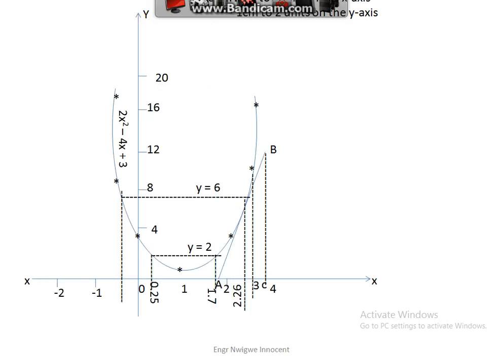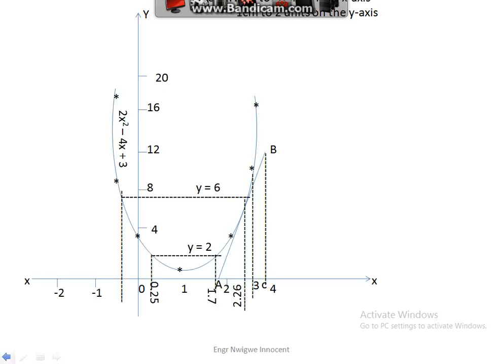We are asked to find the value of x for which 2x squared minus 4x minus 3 is equal to 0. Then on the graph, at the point where the graph is 0, we are asked to find the value of x.